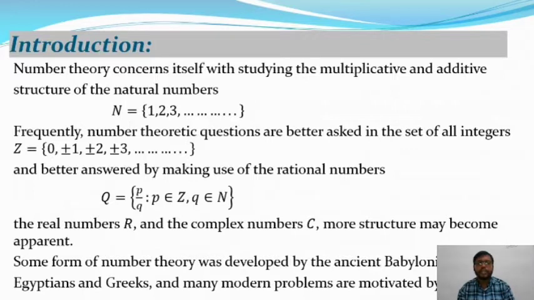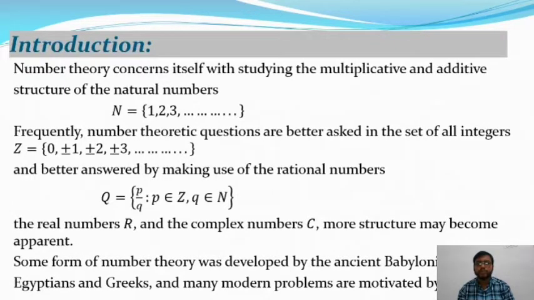Frequently, number theoretic questions are better asked in the set of all integers. That means plus minus 1, plus minus 2, plus minus 3 and up to infinity; they are all integers.